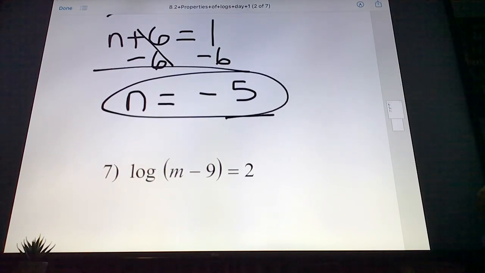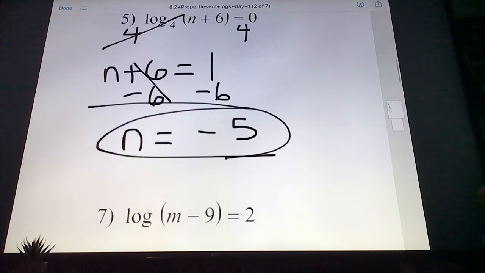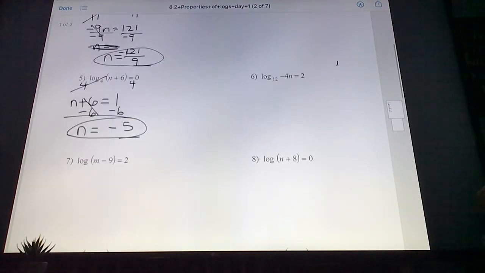So if you look at 7, we see a definite difference between 7 and the rest. I mean, 8 kind of looks like it too, but what's the matter with that one? Well, there's no number next to the log. Now we know in math from previous stuff, if we have an x, there's really a 1 in front of that.